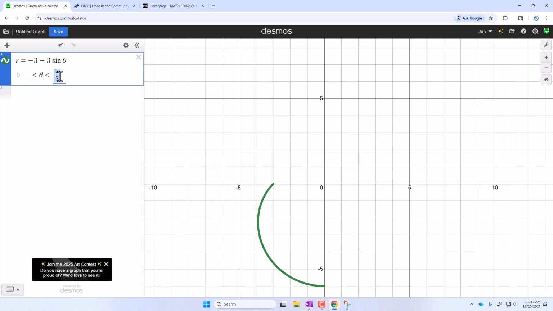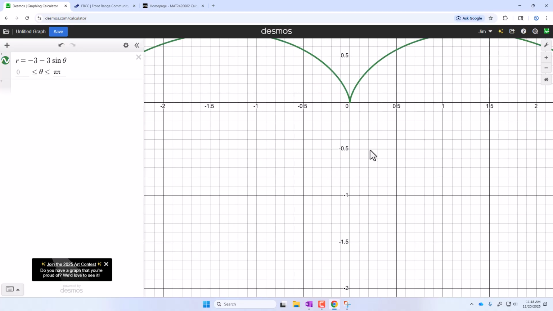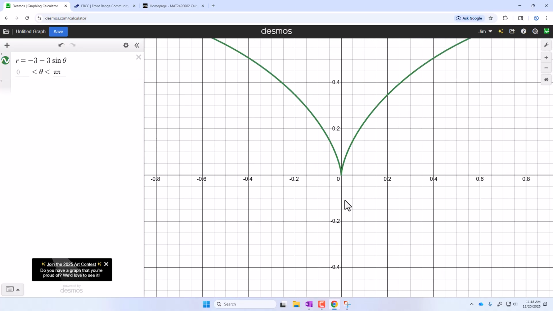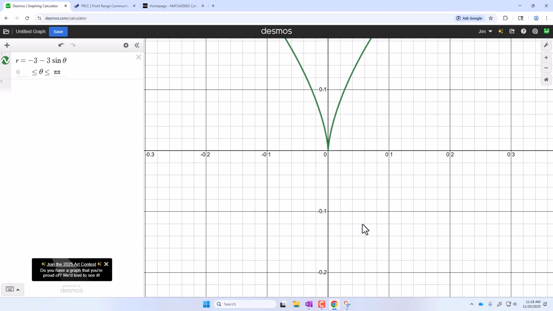And we're going to go 0 to 2 pi to get the whole thing. So this one has a period of 2 pi. If we go less than 2 pi, we're only getting part of it. So we definitely want 0 to 2 pi. And if you zoom in on that dimple thing, you think it should at least be plausible that there's a vertical tangent line there.